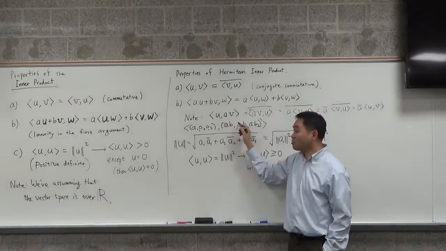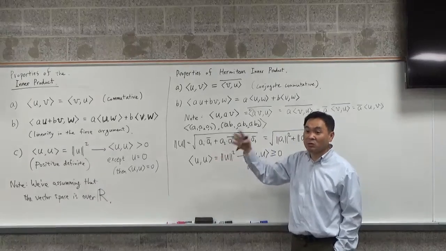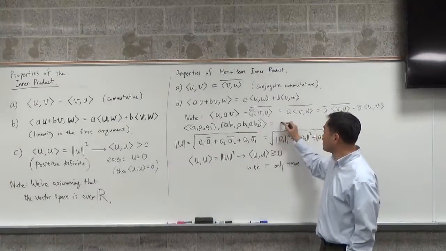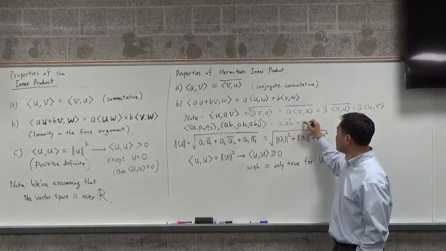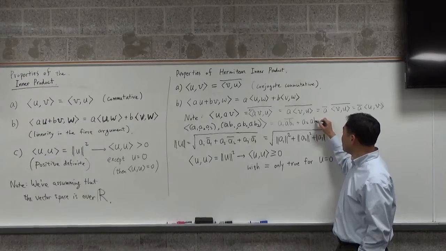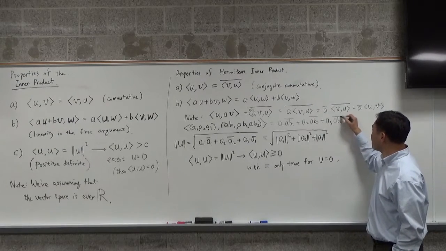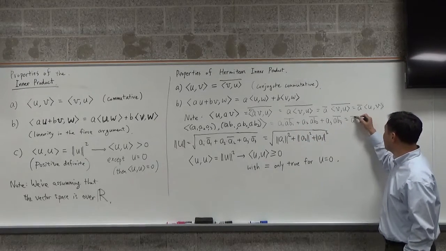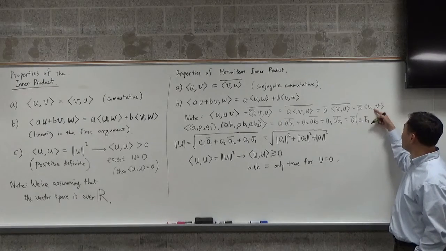So all of these eventually become conjugates, so when you pull the A out, what happens to it? A would have conjugate in it. Is that okay? All I'm saying is that this will be A1, AB1 conjugate plus A2, AB2 conjugate plus A3, AB3 conjugate, and then you can bring the A bar out, and once you do that, you see that it's exactly the formula for UV, right?